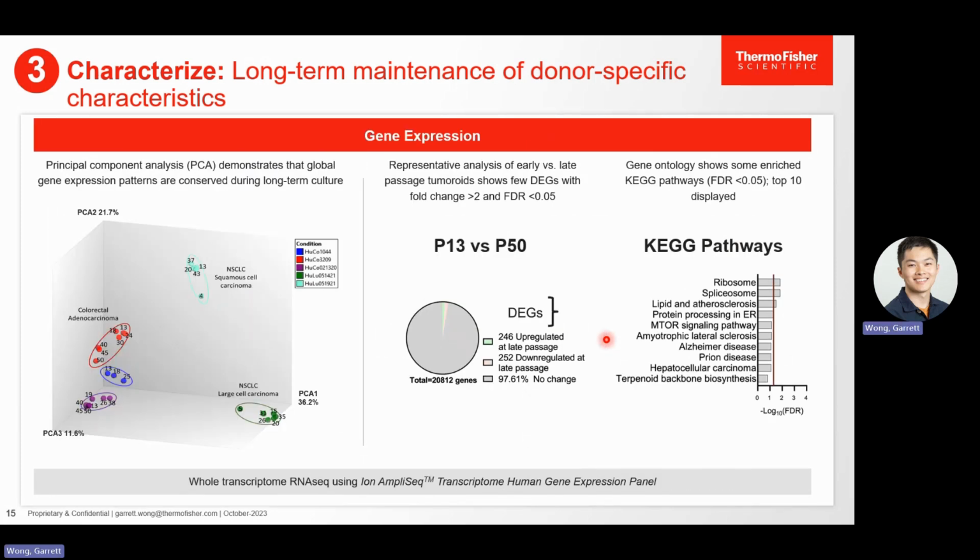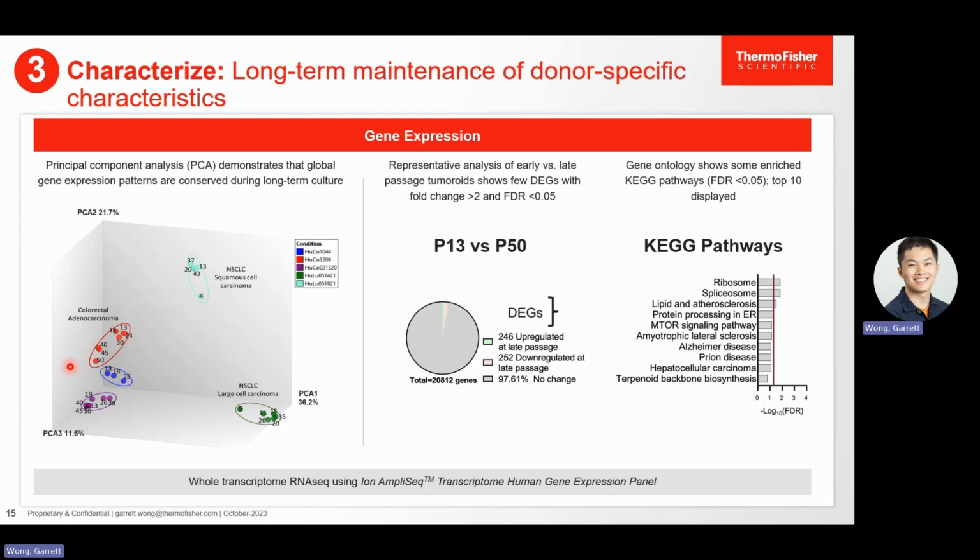For long-term maintenance of these tumoroid lines, it's good to look at the gene expression patterns. The panel on the left is a principal component analysis demonstrating that the different cancer tissue types will cluster together, but they most closely cluster together with their own donor.